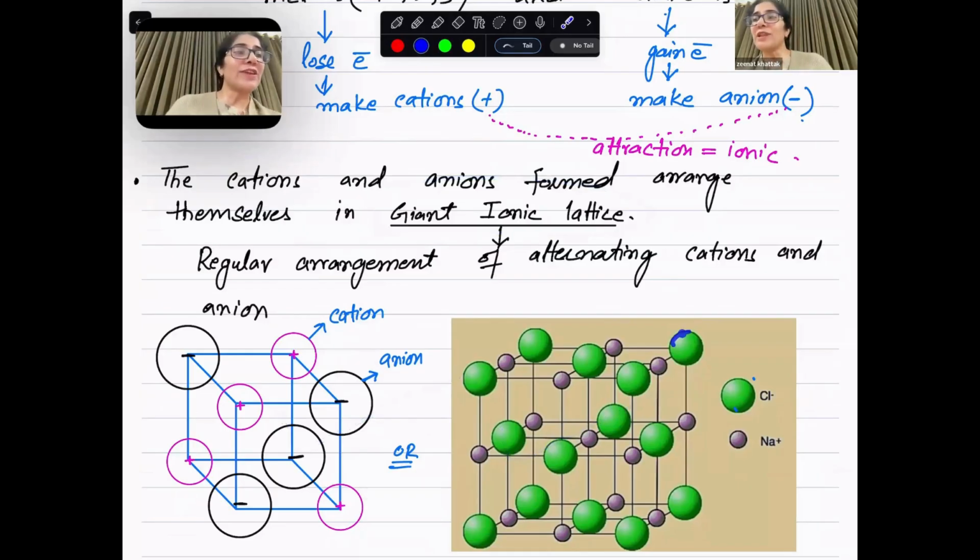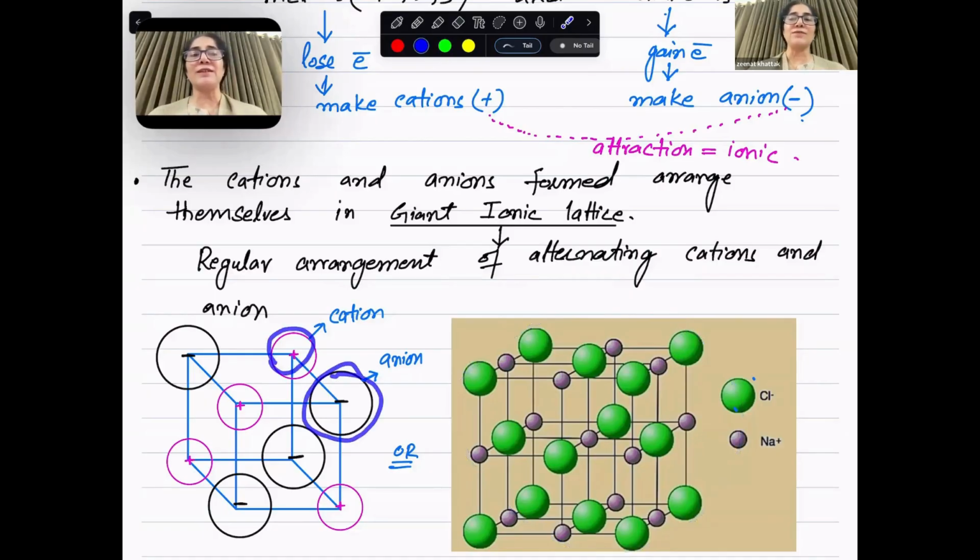This is a regular arrangement of alternating cations and anions, making a giant ionic lattice.